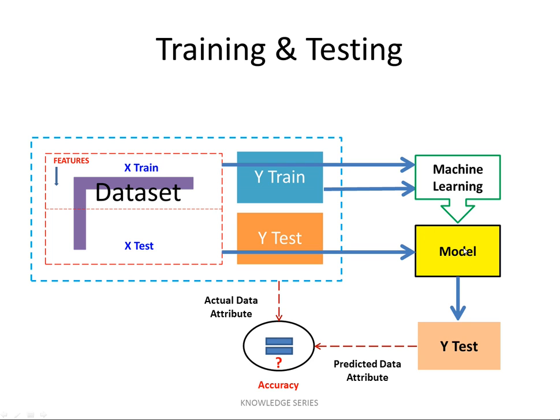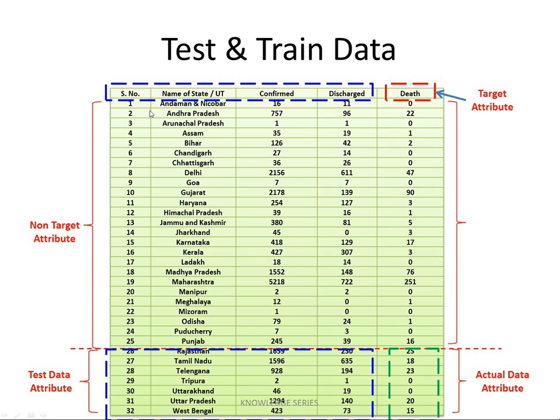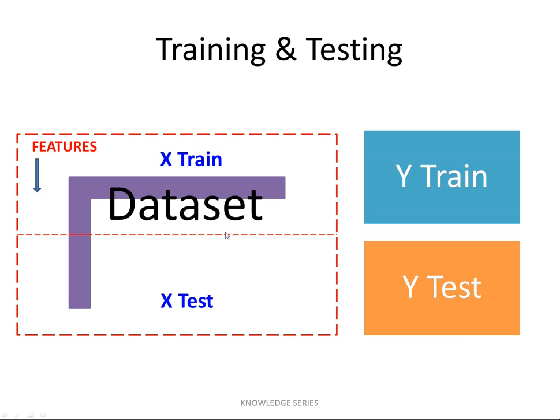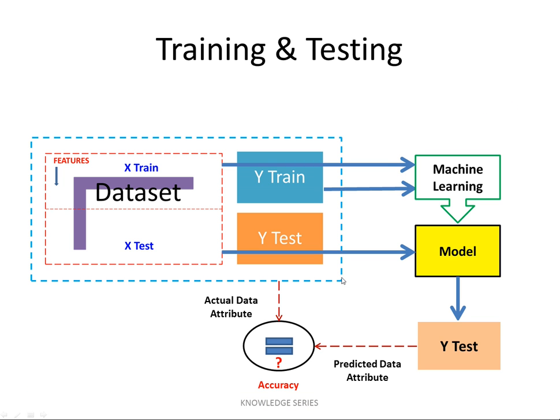The x trained data set is being given to the machine learning, and y, this is a feature and this is a label, the y trained data set is also given to the machine learning. Now the machine learning uses algorithms, maybe linear regression or KNN algorithms.